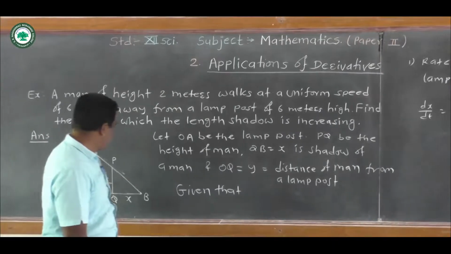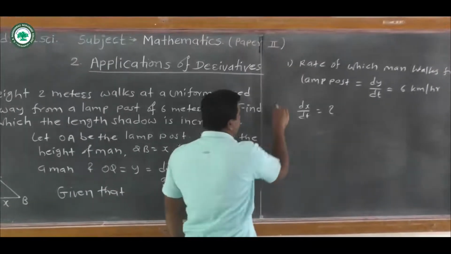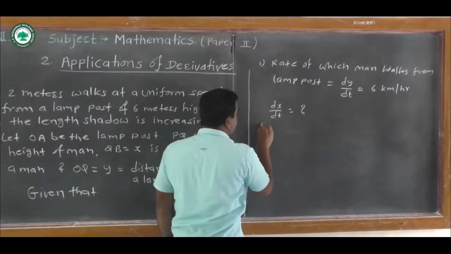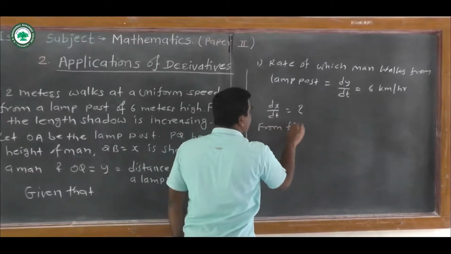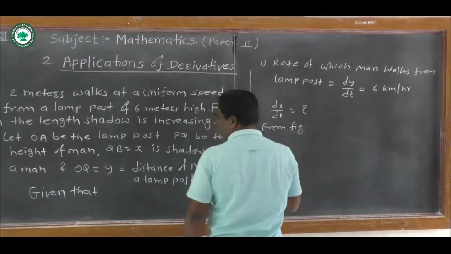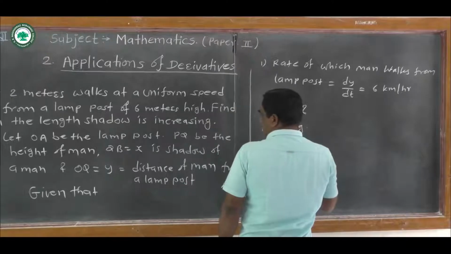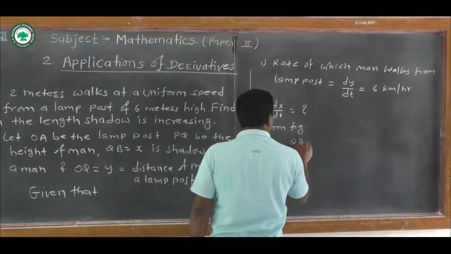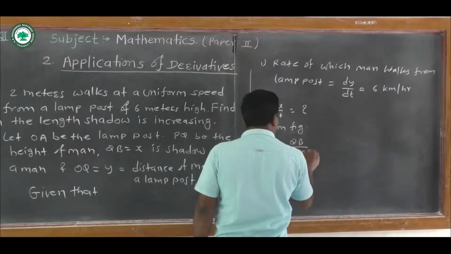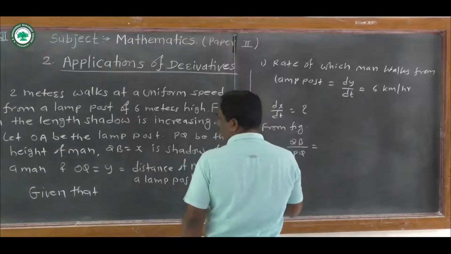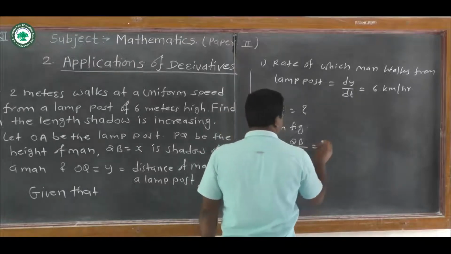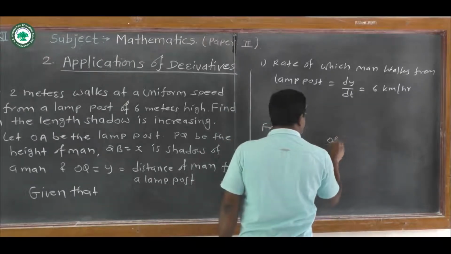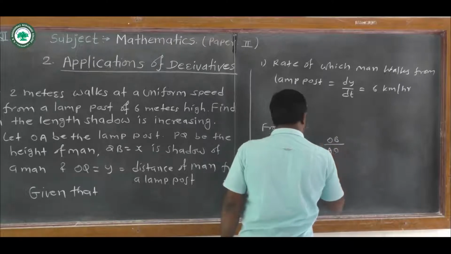Now from the figure we can write QB upon PQ is equal to OB upon AO.